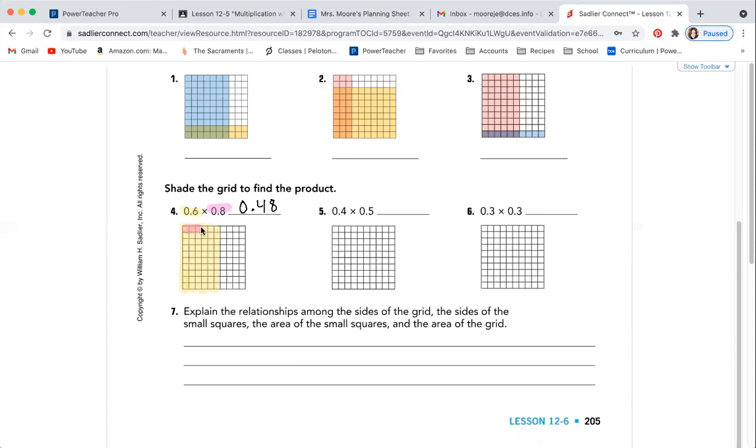It doesn't matter which row you start in, as long as you color the whole row. 1, 2, I could do that better. 3, 4, 5, 6, 7.